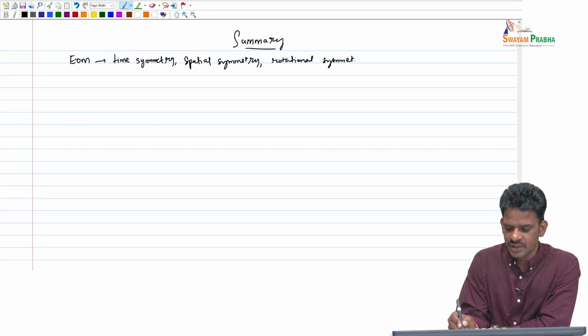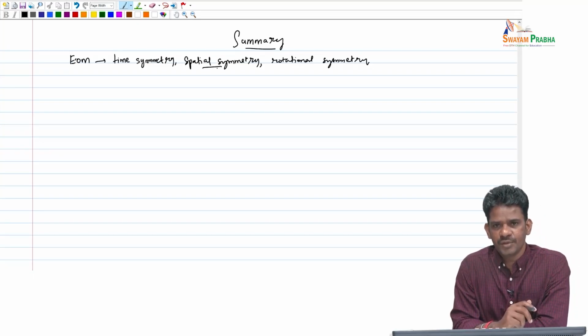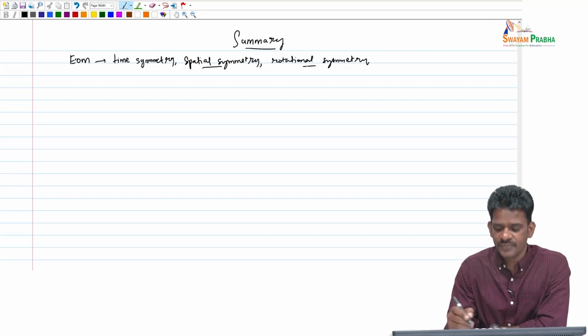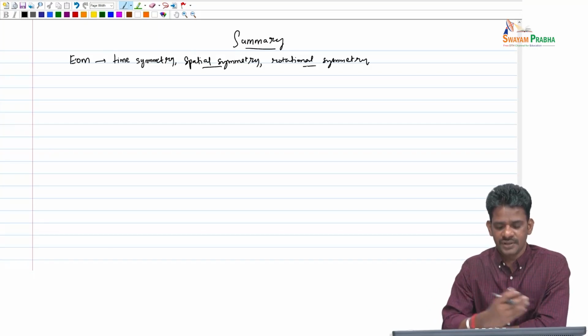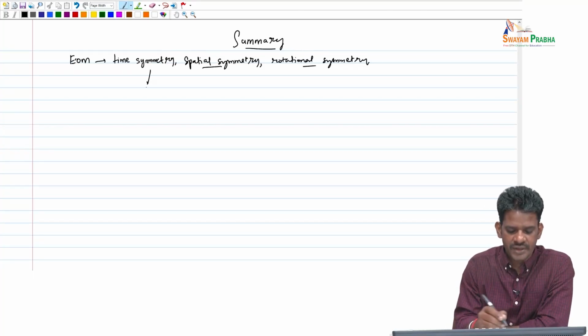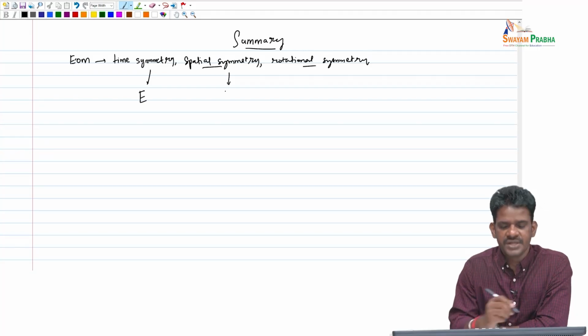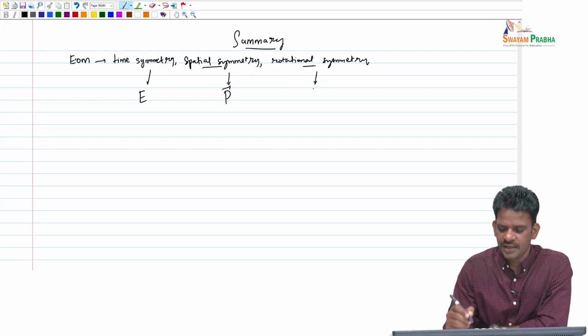This is because there is no external force acting on the system, so there is no change in the linear momentum of the entire system, nor is there any external torque acting on the system so as to change the angular velocity of the system. The consequence of these symmetries gives rise to conservation of certain quantities. The time symmetry gives rise to the energy being constant. Spatial symmetry gives rise to linear momentum being constant, and the rotational symmetry gives rise to the conservation of angular momentum.